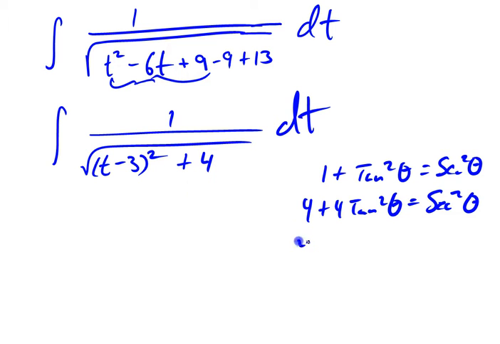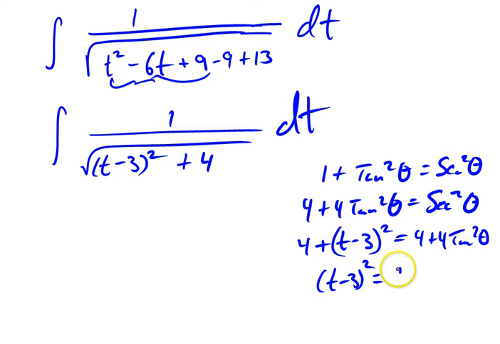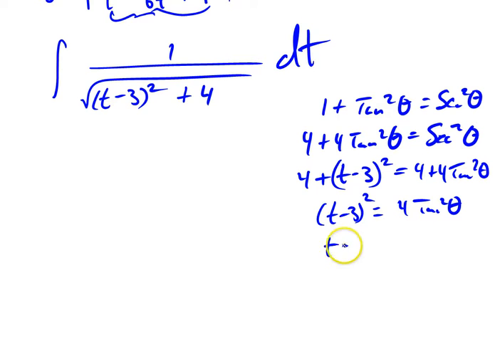What I have is 4 plus t minus 3 squared, and what I want it to equal is 4 plus 4 tangent squared theta. So essentially now I'm going to solve for t. t minus 3 squared is 4 tangent squared theta. Take the square root. t minus 3 has to be 2 tan theta. And t is equal to 3 plus 2 tan theta.